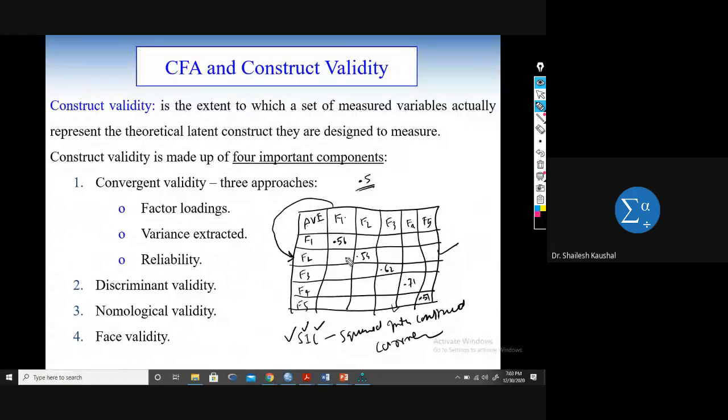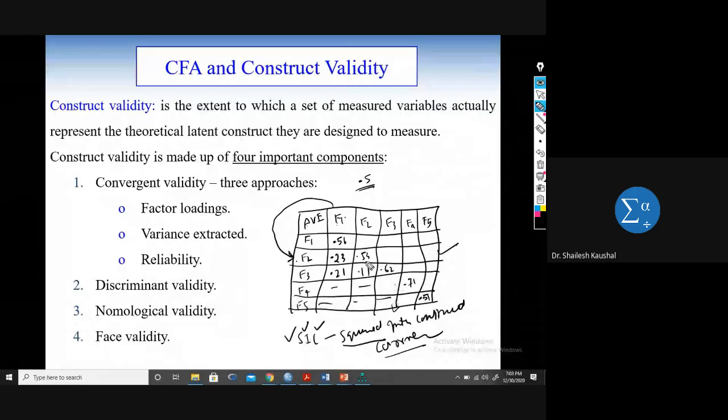It means we take the correlation of F1 with F2 and then square it. For example these values are 0.23, 0.21, 0.11.